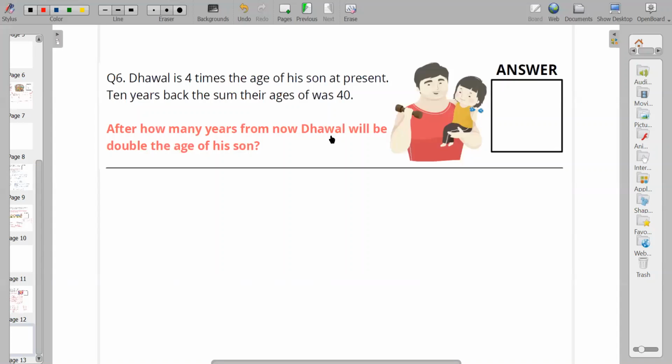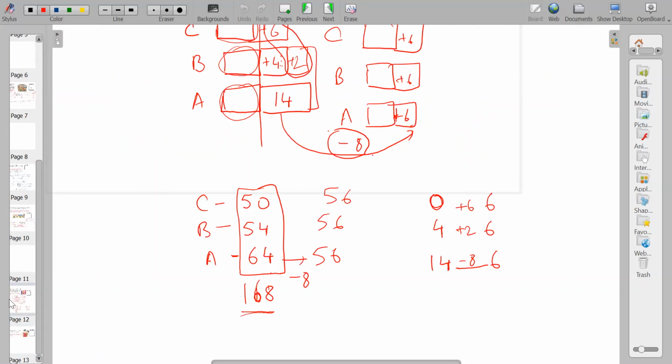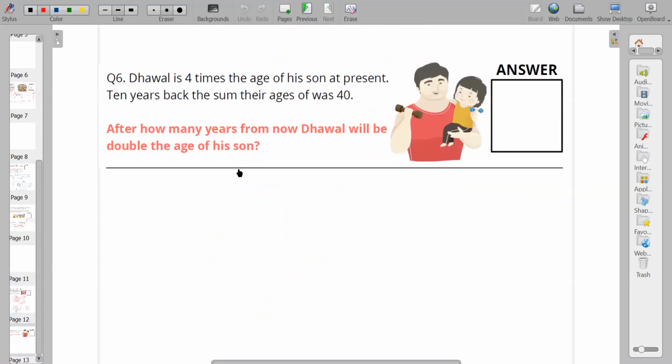Because in the past it was showing that the boy's age was 0. That means the boy was not born only. Where did age come in? It was money, no? Where did age come into the picture? 10 years back, the sum of the. Come on. This one has got no mistake. Do the question.